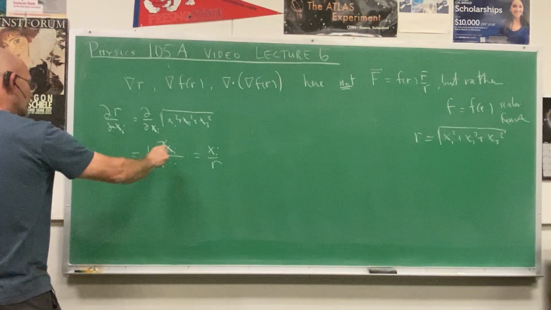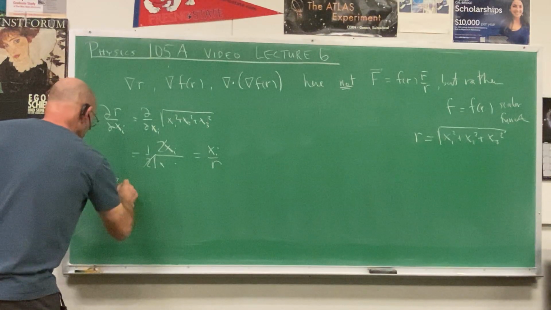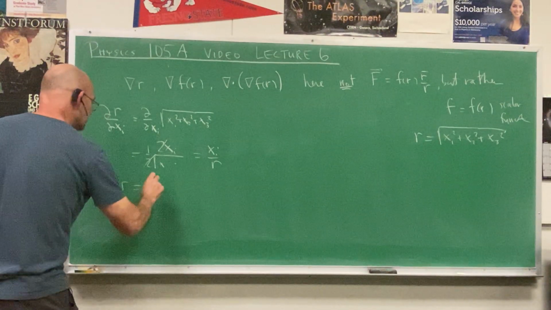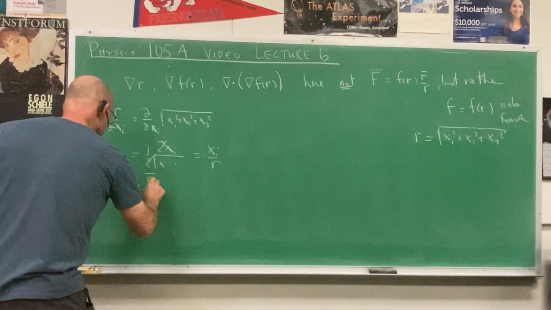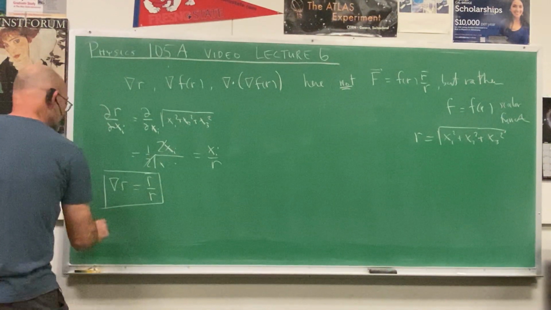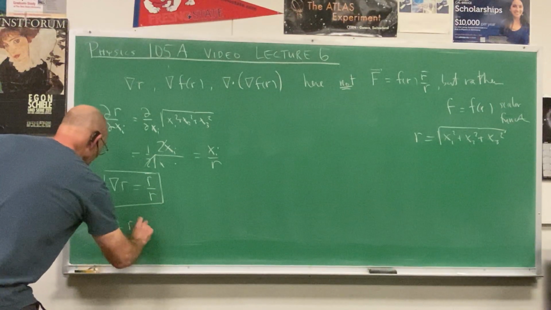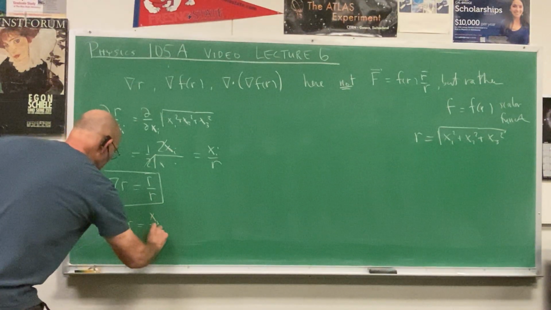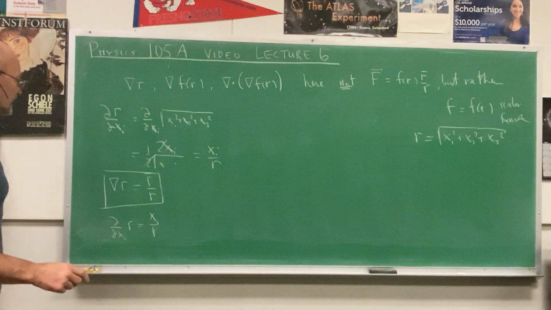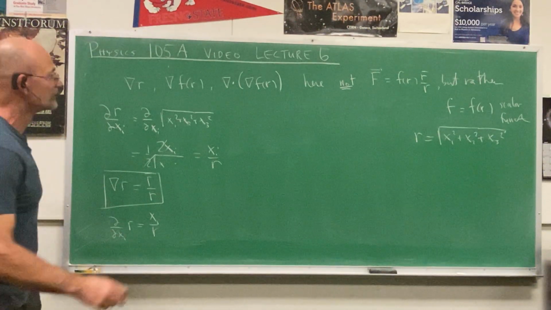This is useful to hold on to, and of course, if you take all three of them, you're going to have the entire vector over its magnitude. So this result and the individual one, x sub i over r, are both equally important and useful. You do this a few times and you have this in your repertoire.